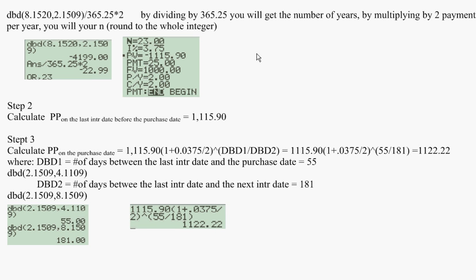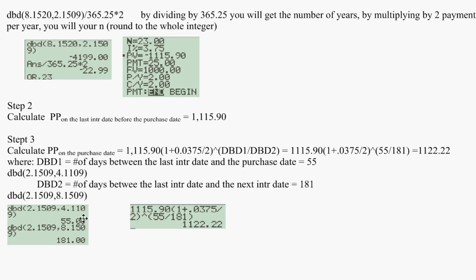In the second step, after we calculate purchase price on the preceding interest date, now we want to calculate how many days we have between the last interest date, which was February 15th, and the purchase date, which is April 11. So we find the number of days using DBD function on your calculator.